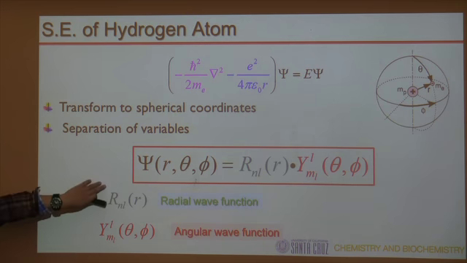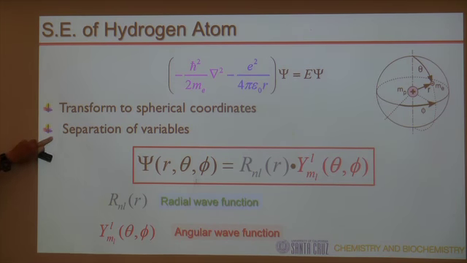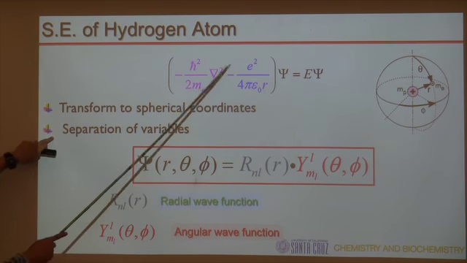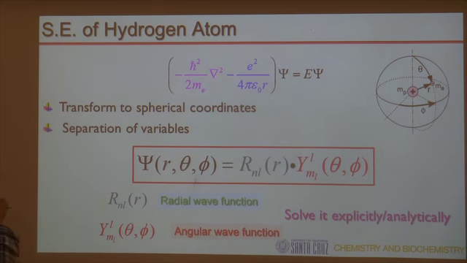So by doing so, 2 things. By transforming it to spherical coordinates and separating the variables, we can analytically solve the Schrodinger equation. Analytical also means explicitly. We can get the real root for this equation.